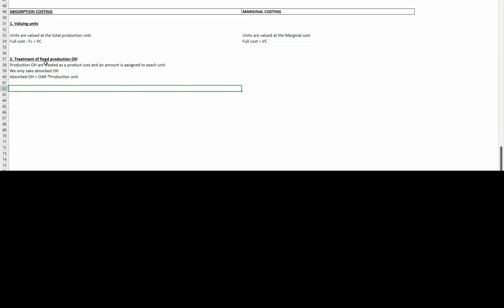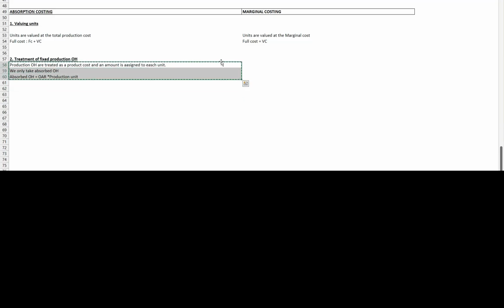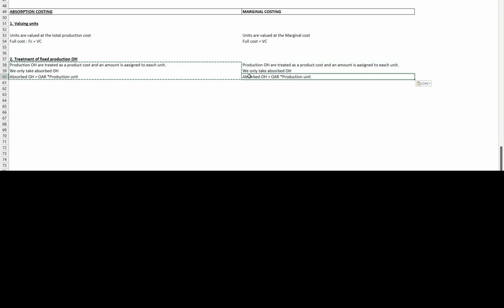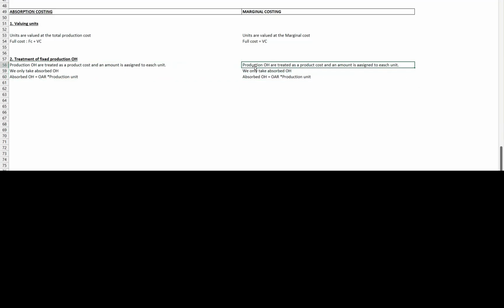And similarly, if we talk about the marginal costing, how we treat the production overhead in case of marginal costing.